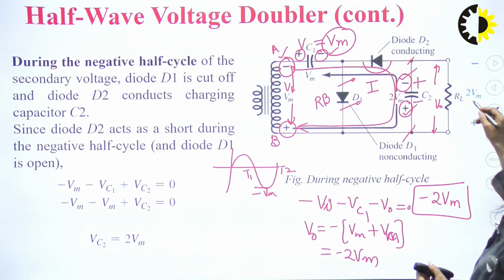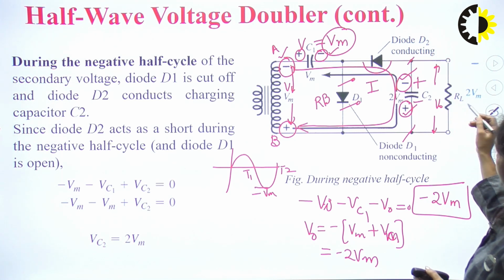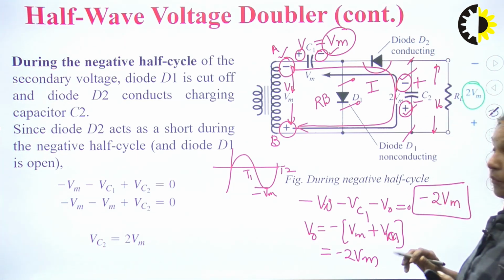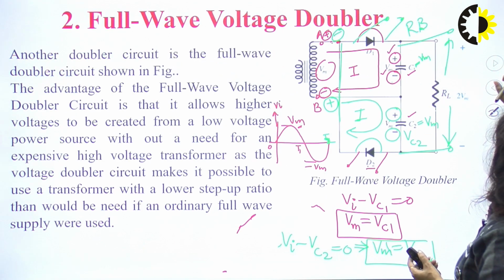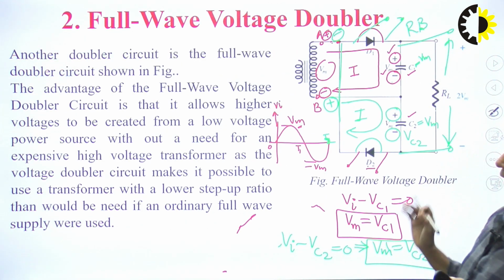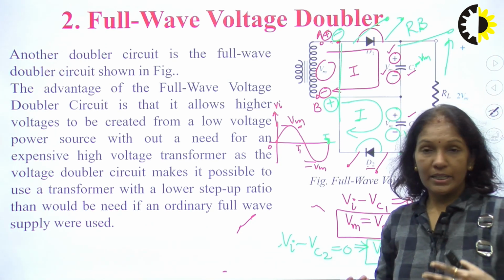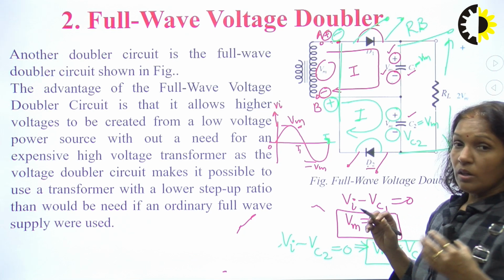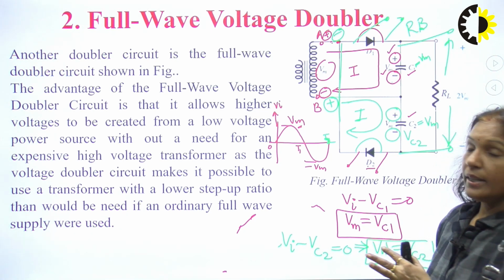So, the net output voltage which is measured across a single capacitor comes out twice of Vm. Whereas, in case of the full wave voltage doubler, the voltage appears across the two capacitors.